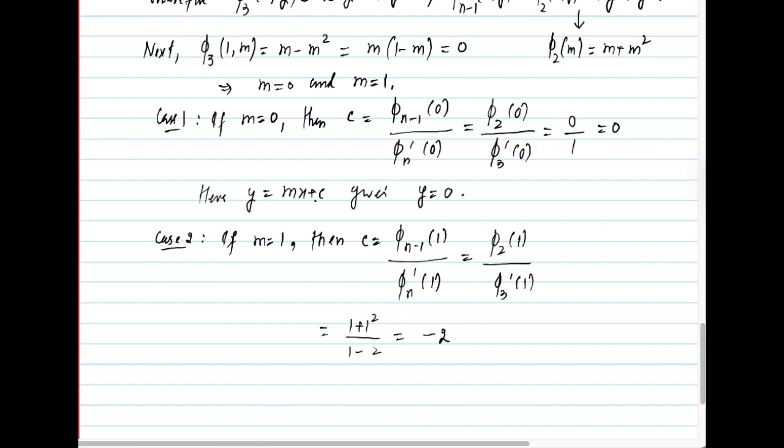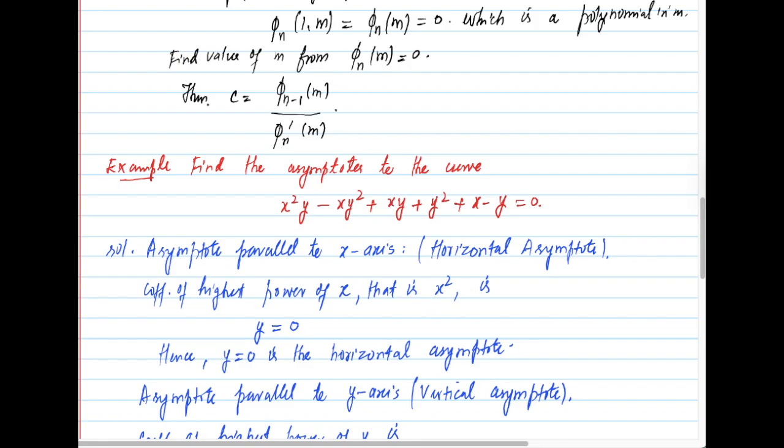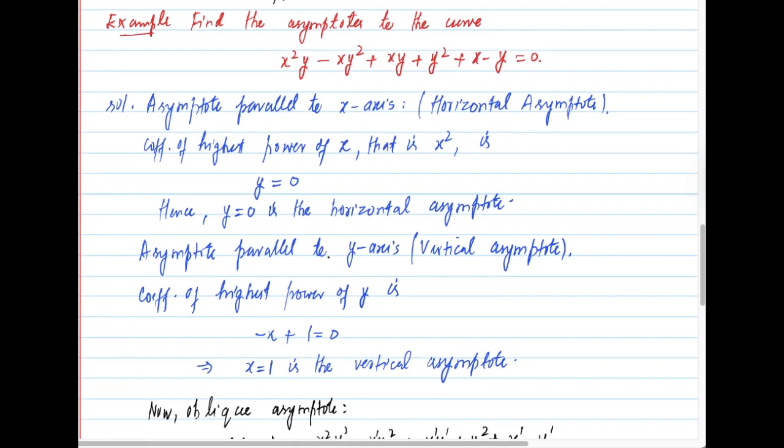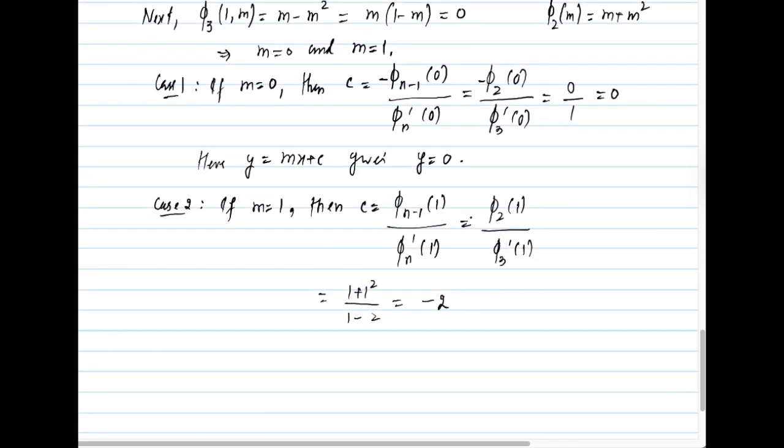We shall edit one typing mistake in our rule. So here c is this thing, but it is negative times of this quantity, so it is minus times this. Now if we replace this minus times here also, so we still get 0, but if we replace this minus times here, we get, this is actually plus 2.